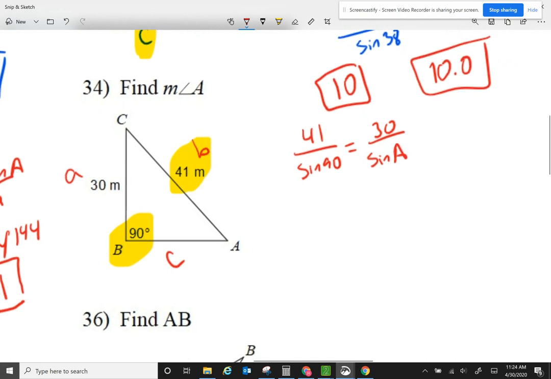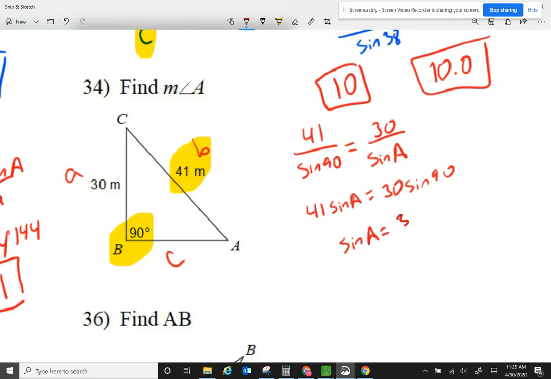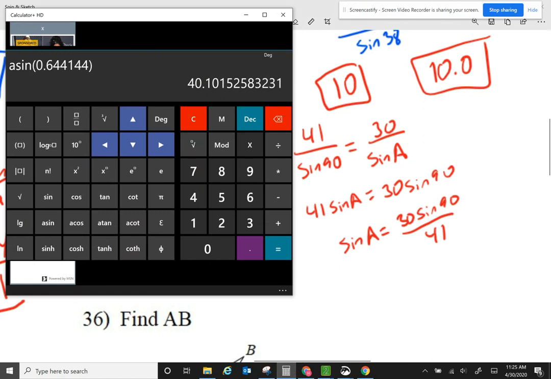When I cross multiplied, I have that 41 times sine of A is equal to 30 times sine of 90. So I have that sine of A is 30 times sine of 90 divided by 41. All right, so open parentheses.